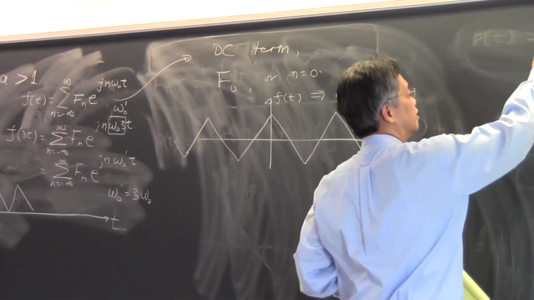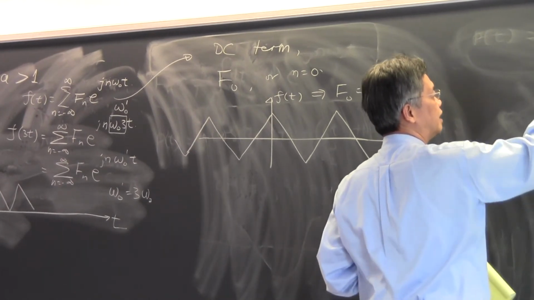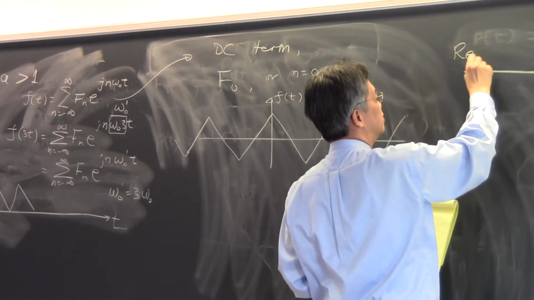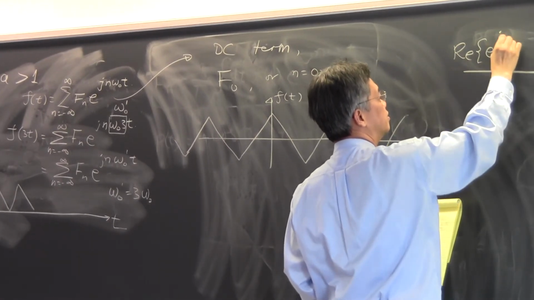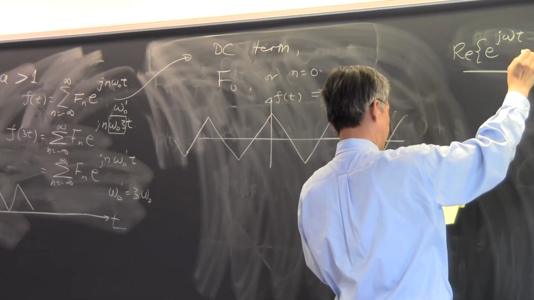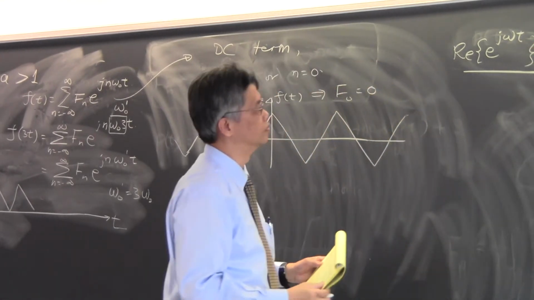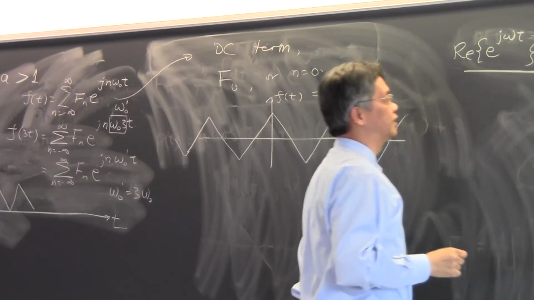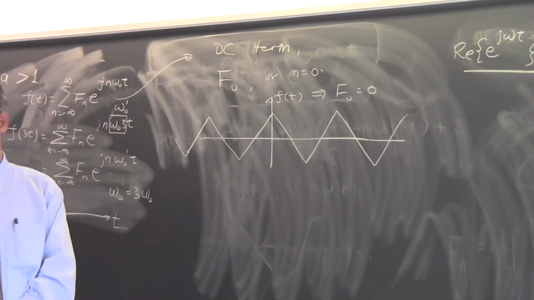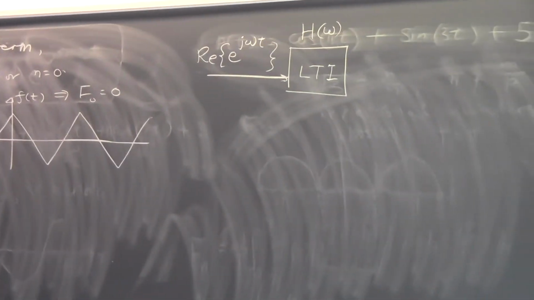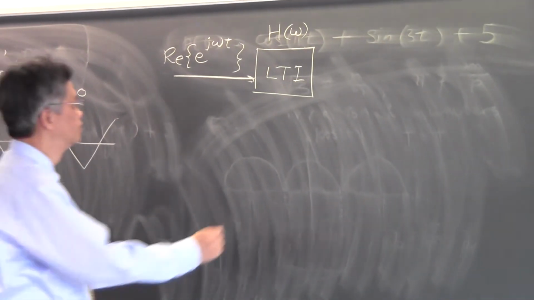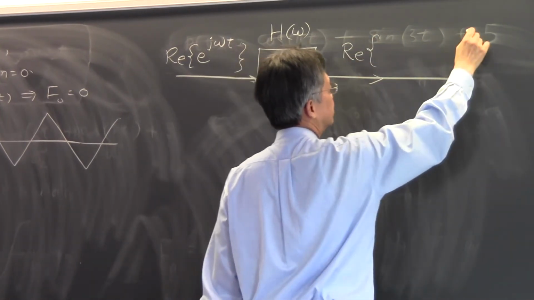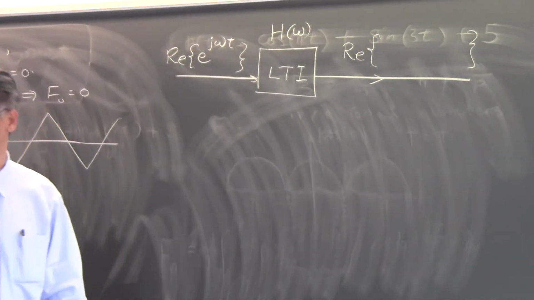So, if we have a linear time invariant system, we know that if we have a real-time signal, and this linear time invariant system is described by the frequency response H omega, or the transfer function H omega, what is the output? What should I substitute in there?